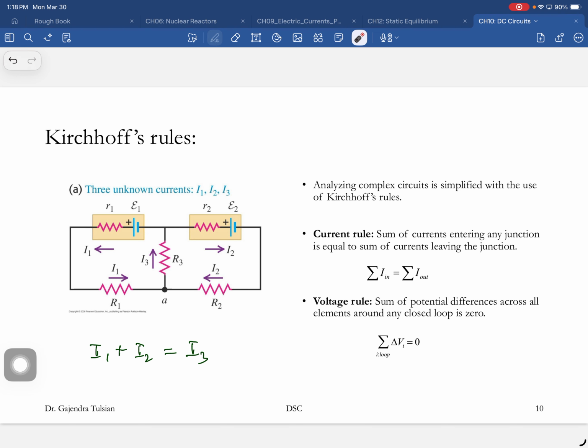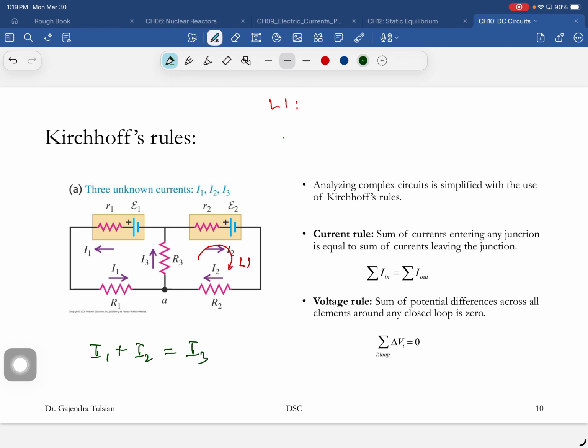Here's loop 2. Let's write down the equation for loop 2. Again, for a given loop, you can start anywhere. Let's say you start here, and you can go in any direction, clockwise or counterclockwise.